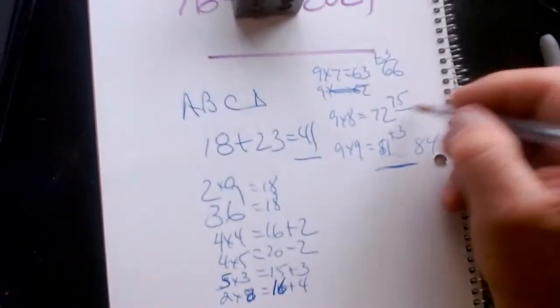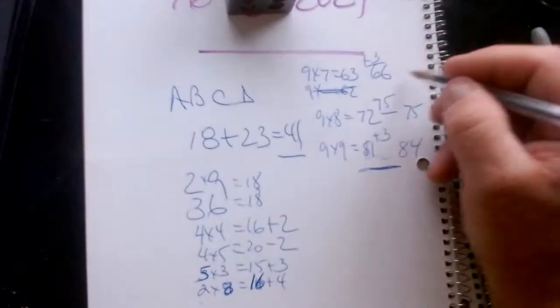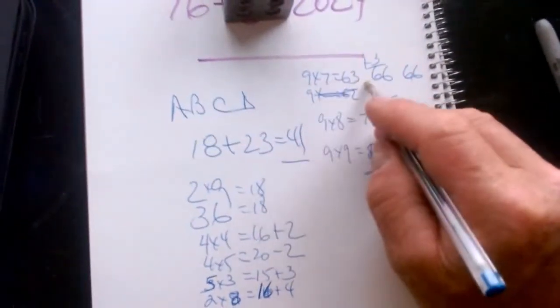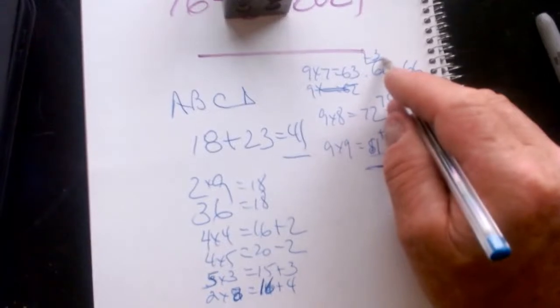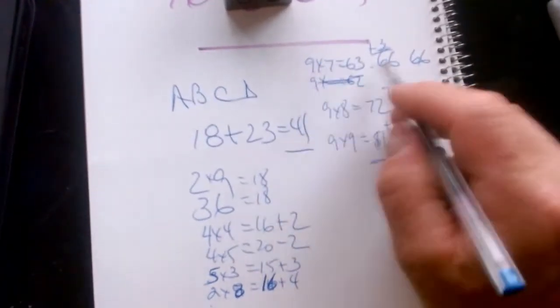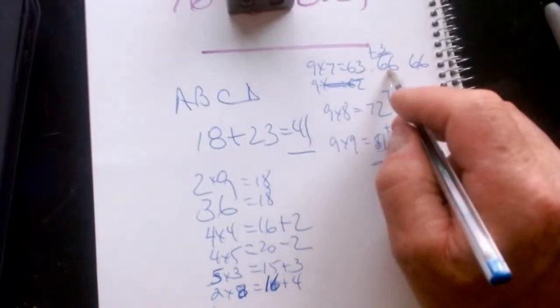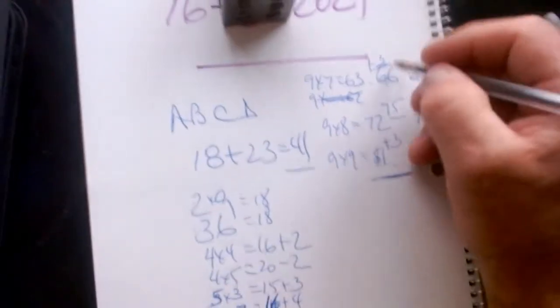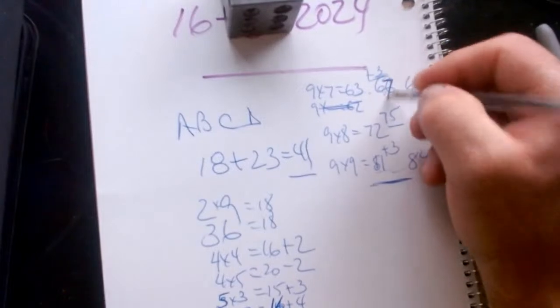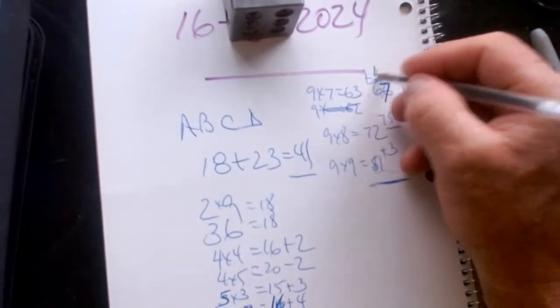I'm trying to get to 75. I'm trying to get to 66. But when my 9 by 7 was 63, I need to add 3, right? Now, if it was this, the answer, I would need 4.